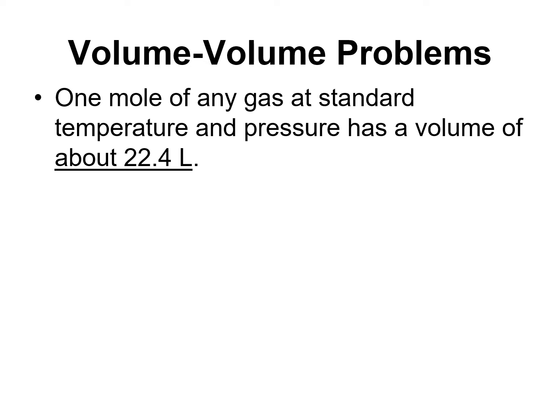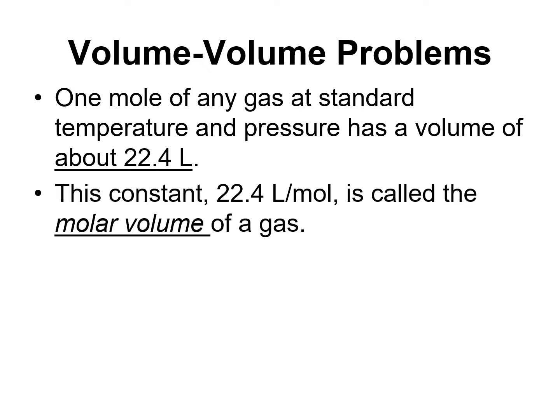Now, 1 mole of any gas at standard temperature and pressure has a volume of about 22.4 liters. It's not exactly 22.4 for every gas, but it's pretty close, and for our purposes, we are going to call that the molar volume of a gas.